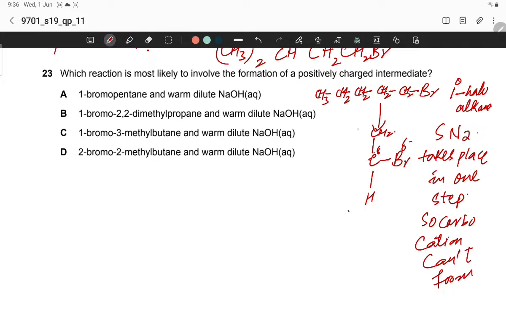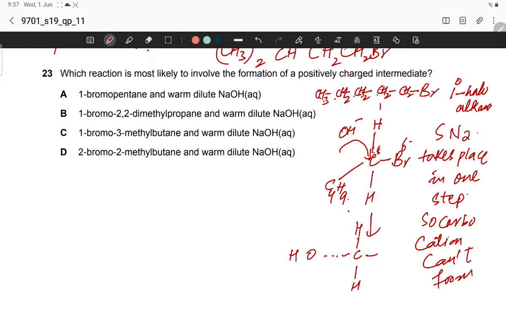CH2, C4H9. So the OH ion is attached, and this is the intermediate, OH, CH, H. This is the intermediate C4H9. So this is not correct.